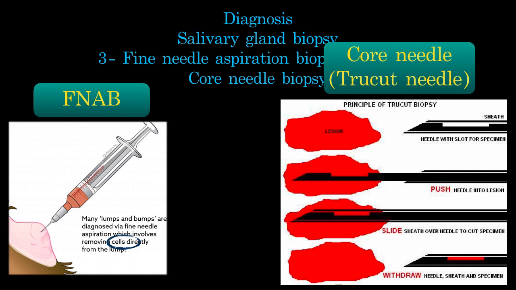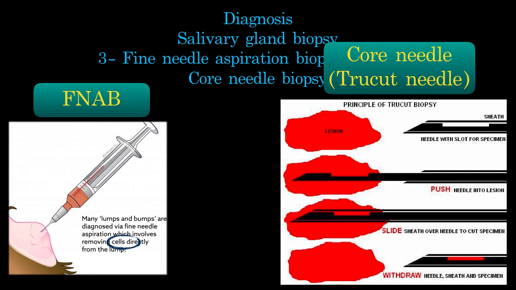It is triggered first, and when it is triggered, you get the needle outside the sheath, as in the second picture here, and it is inserted inside the mass. Once the piston of the gun is triggered, the sheath runs very fast to cut a part of the tissue from the mass and harbor it inside the trough of the needle.